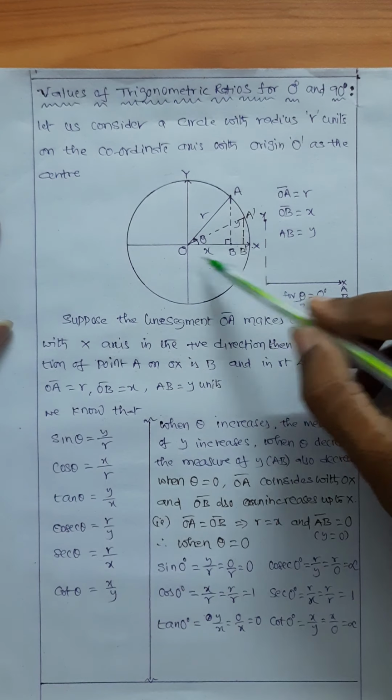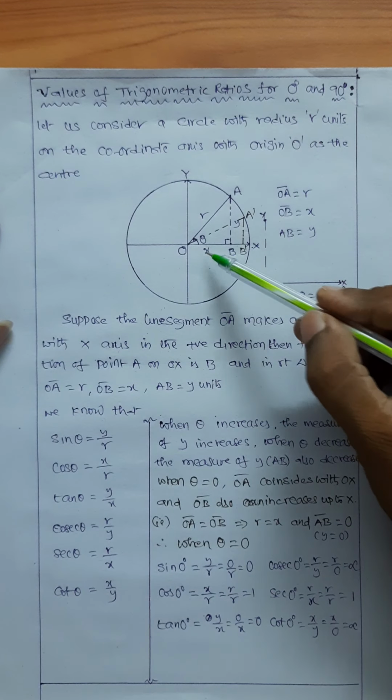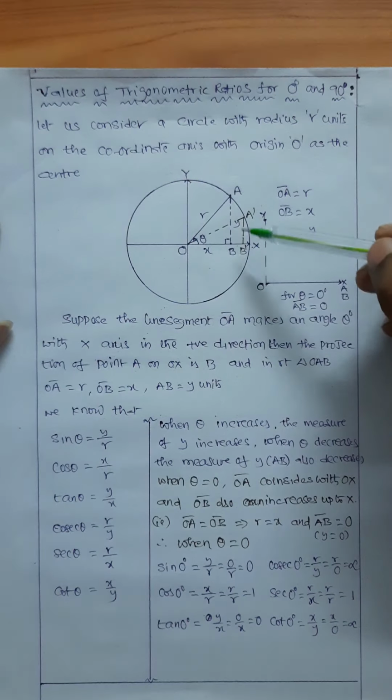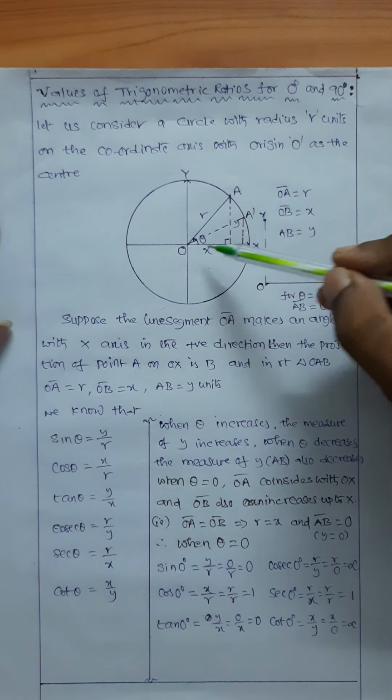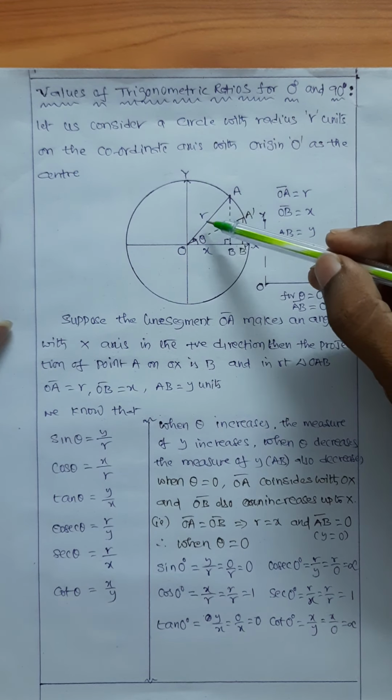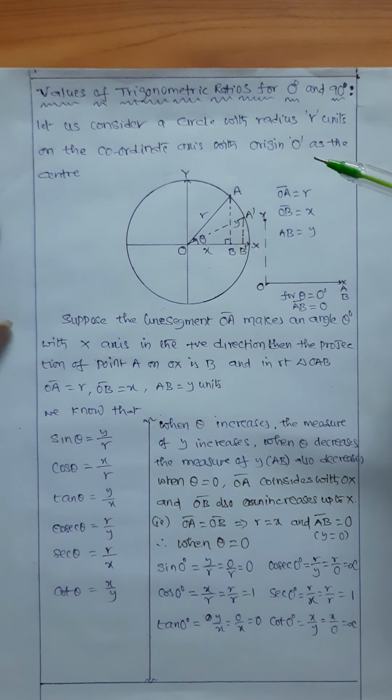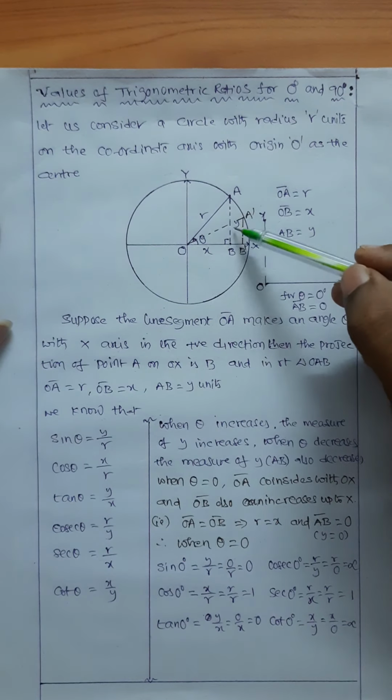With respect to the x-axis, the value of OB is small x, and with respect to the y-axis, the value of AB is y, and OA is equal to the radius r units. So in this right angle triangle, you know all these three sides.